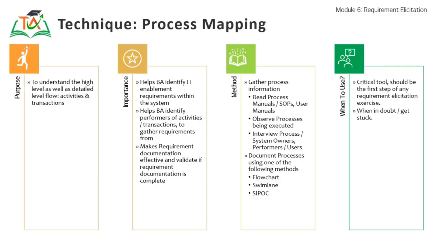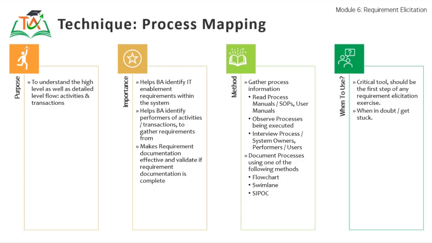So the purpose of process mapping is to understand high level as well as detailed level flow, activities and transactions. So you'll get a very good perspective about what is happening as part of the process, what activities are happening, what flow they are taking, what business rules are getting applied.